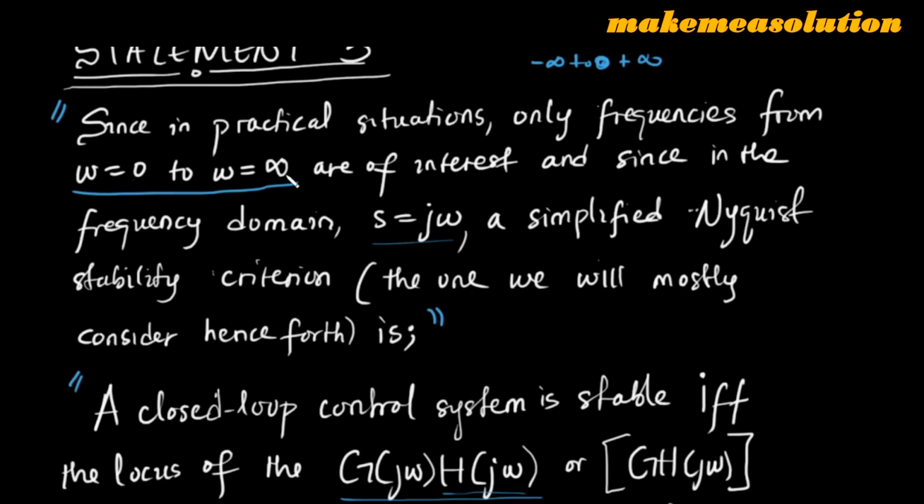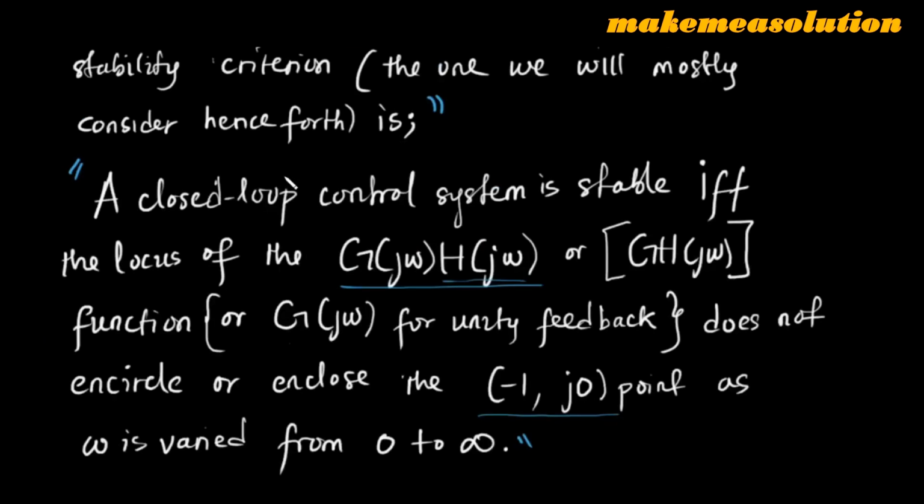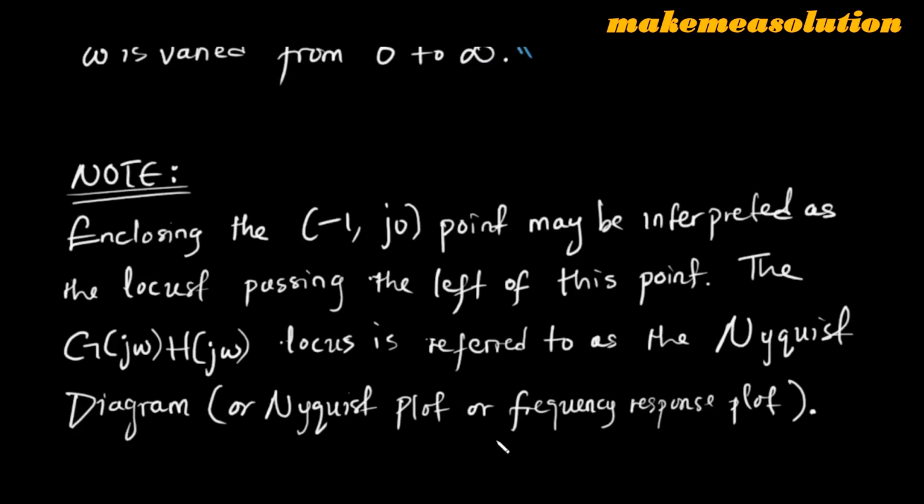So when we are doing our analysis, we are only focused in practical situations on frequencies from 0 to infinity. So the last statement tells us that our control system will be stable if the contour that is formed by this function does not encircle this point as we vary our omega from 0 to infinity. Is that okay? So let's look at some examples.